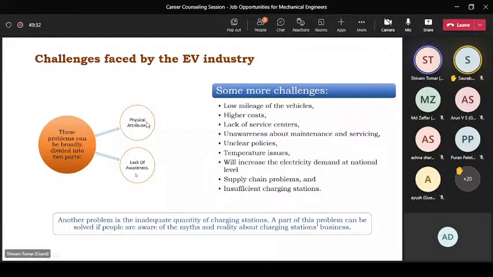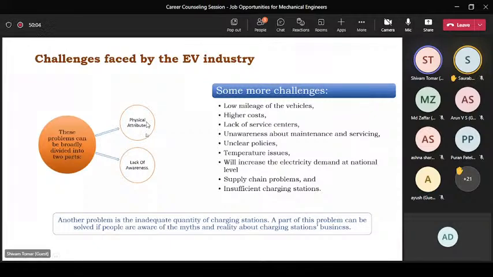The physical attributes are things like the technology not being available for the production the company wants to do, shortage of components or supplies, and the high cost of the batteries. These come under the physical attributes.